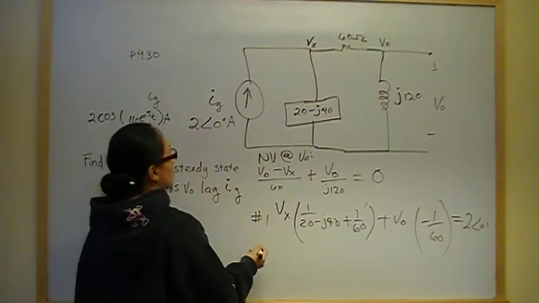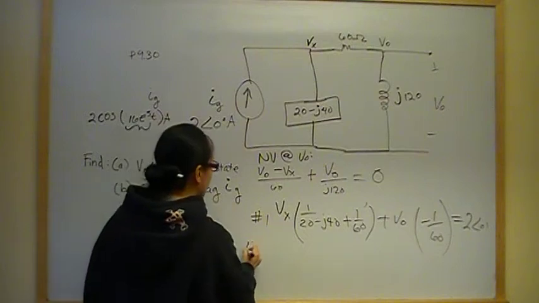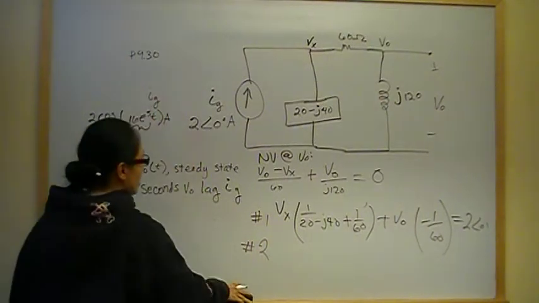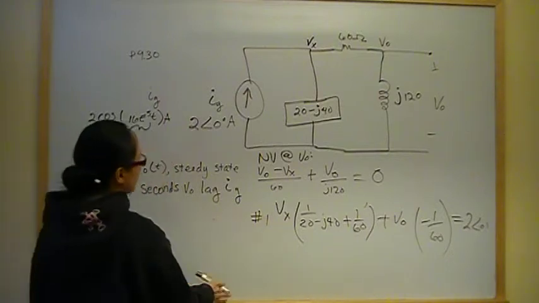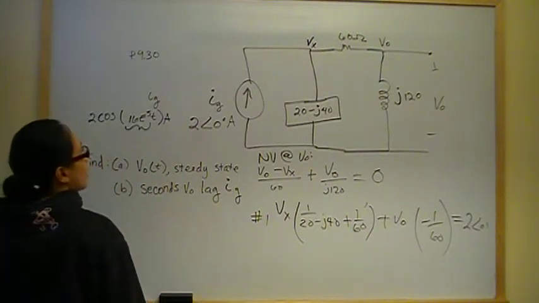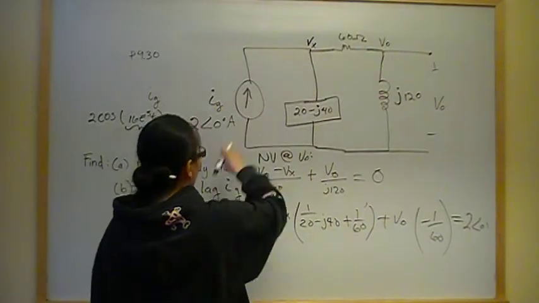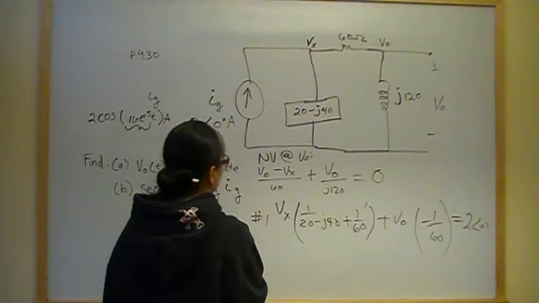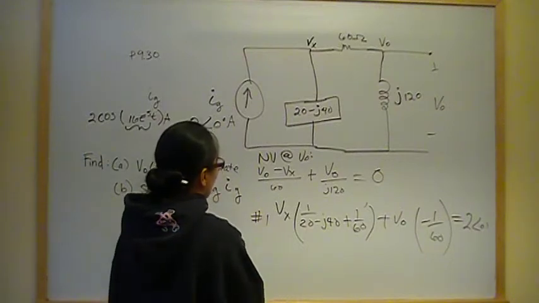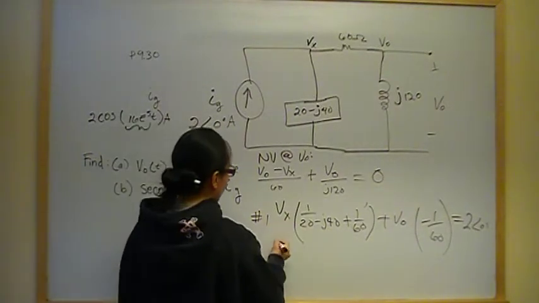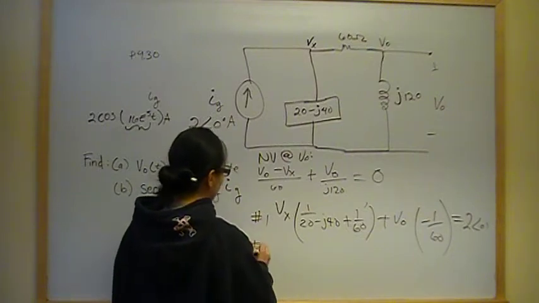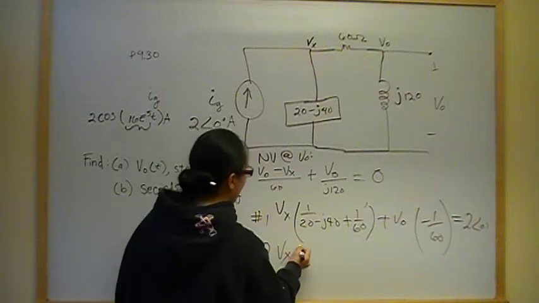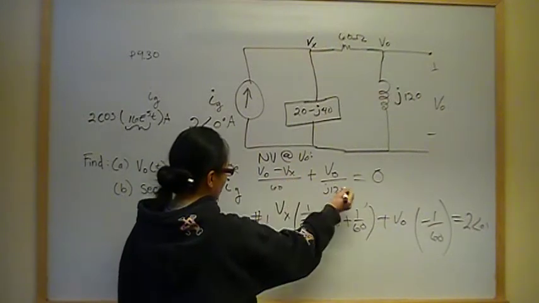Now, for my second equation, I was going to put it down here, but I'm not sure if you guys can see down there, and I have a space problem. Never mind, scratch that. I just hope that you guys can see it, but I'll tell you what it should say. With Vx, I've got negative 1 over 60 and nowhere else.